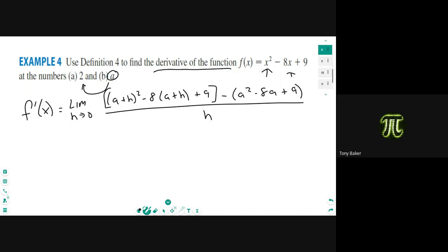That's going to help clean some stuff up in a second. I know, it's a lot of little things.